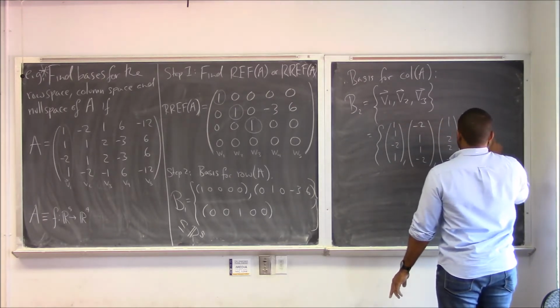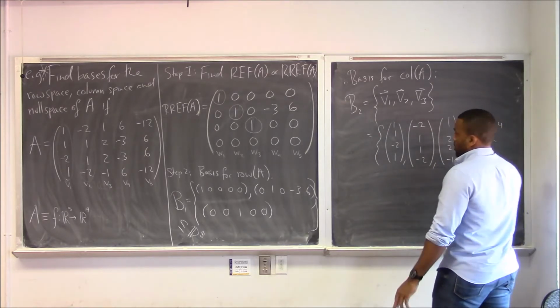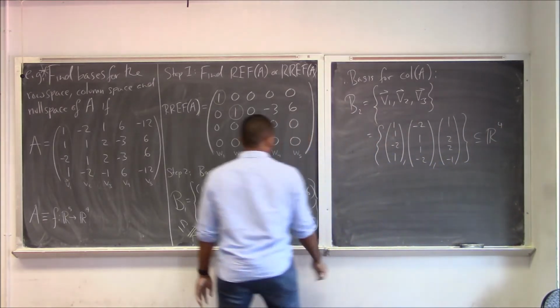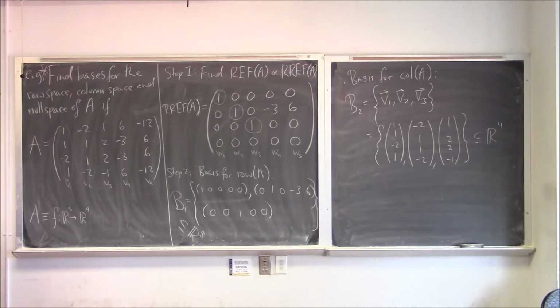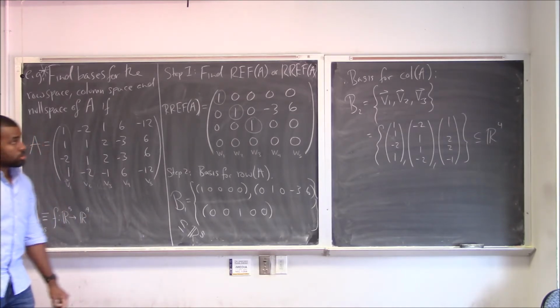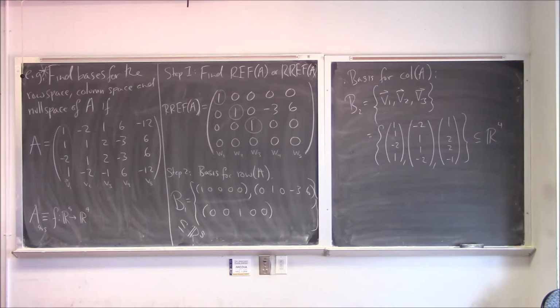Notice that this is a subset of R4. So A here is a 4 by 5 matrix. And row space is a subspace of R5, the column space is a subspace of R4, and that's how you'd actually find them.